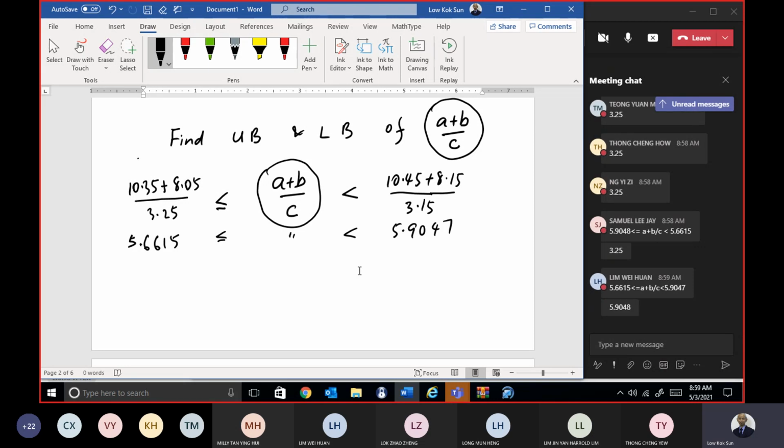When you work out something, you want to find, would it be another number? Yes, it could have been another result. So in this case the highest it can be is 5.9 something. The lowest it can be is 5.6 something. And it can't go out of this.